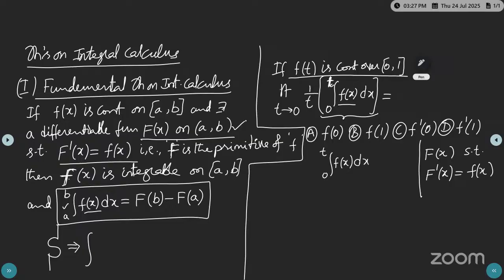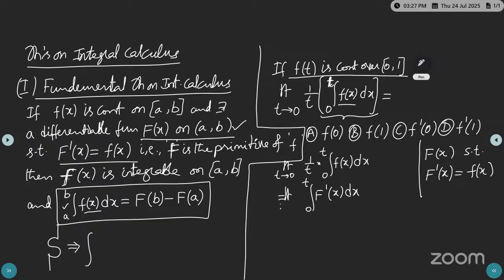If you know that, you can write the answer easily. This was a previous GATE question. So you are going to get it from the fundamental theorem on integral calculus. Now this is equal to integral 0 to t capital F dash of x dx. As given, limit t tends to 0, 1 by t into this.